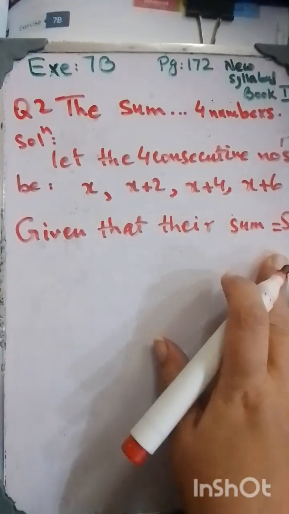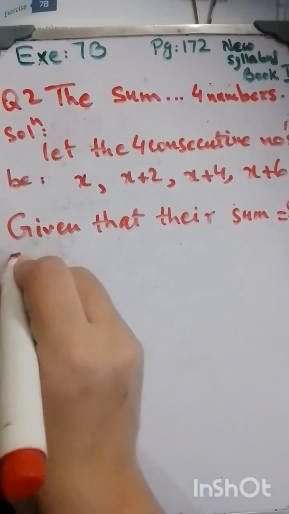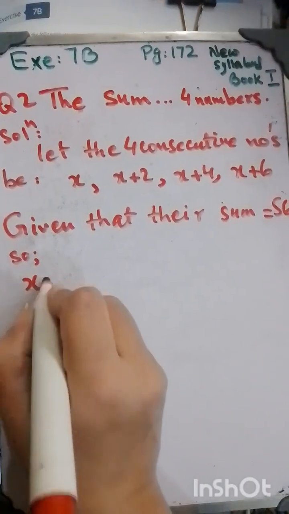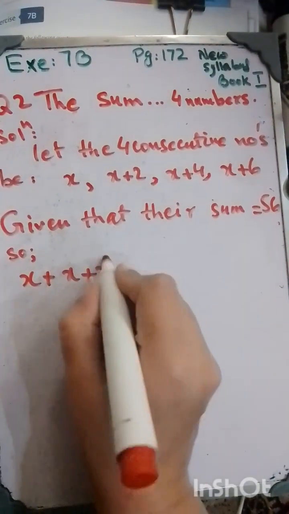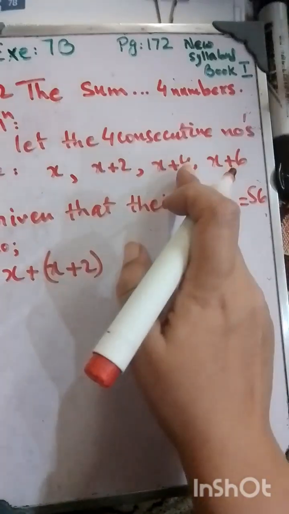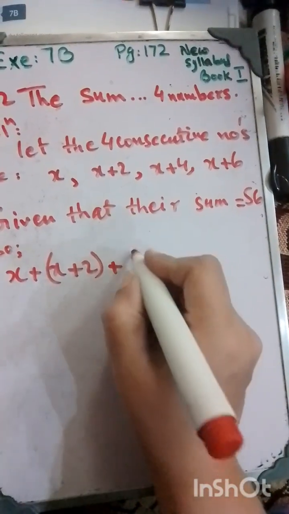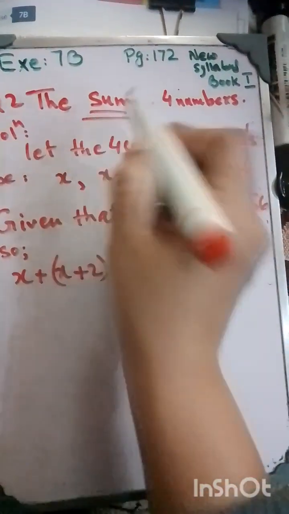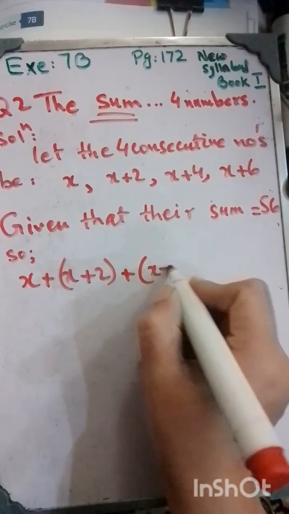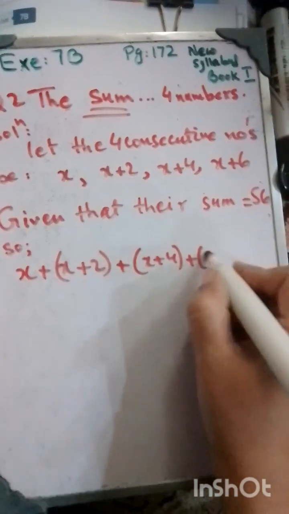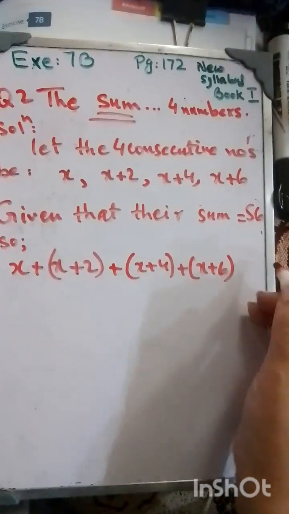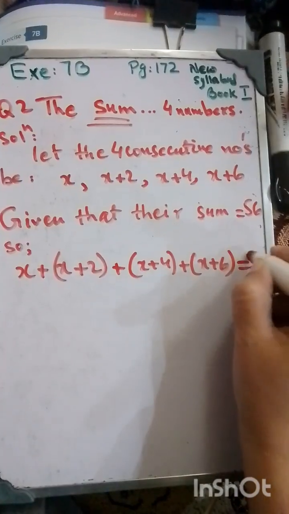Taking these given data and making it in statement form, it will be easy for us to transform it into the normal arithmetic sum. So first is x, we are summing it up, x plus 2, x plus 4 and x plus 6 equals 56. This is our equation.